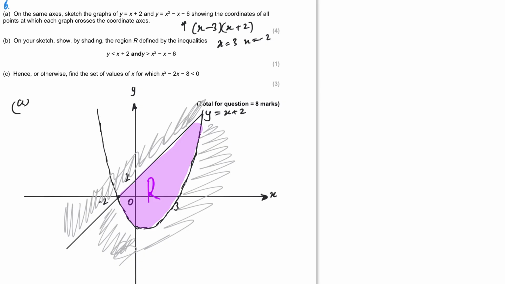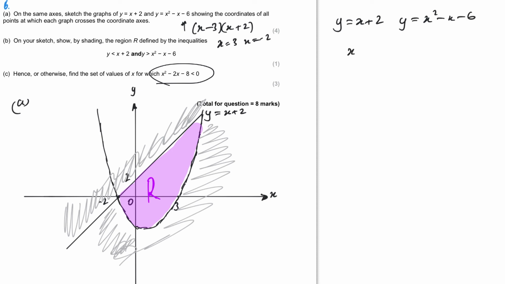Okay, hence or otherwise, find the set of values of x for which this is true. Now, looks a little bit confusing, doesn't it? But let's put our two equations together, because this is what we've been dealing with throughout, isn't it?